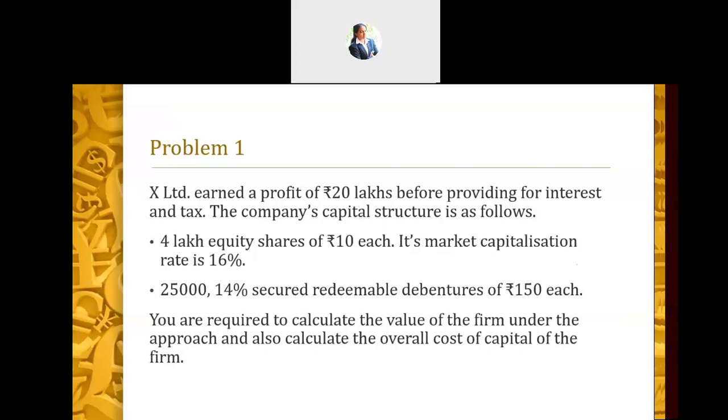The company's capital structure is as follows: 4 lakh equity shares of rupees 10 each, with a capitalization rate of 16%, and 25,000, 14% secured redeemable debentures of rupees 150 each.